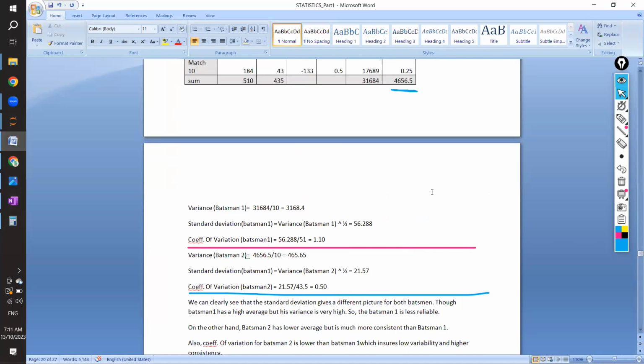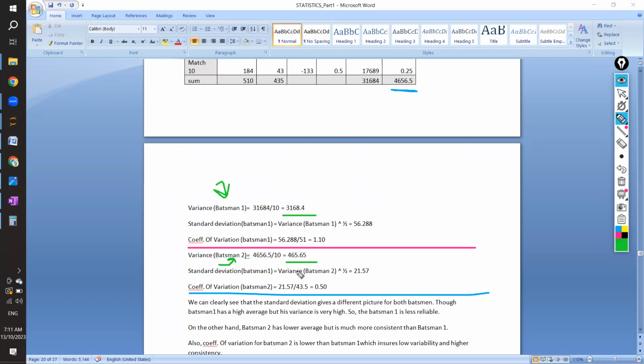Now, it's very interesting to observe the values here. Observe closely, guys. The variance of batsman 1 is 3168. But the variance of this guy is 465. Agree?